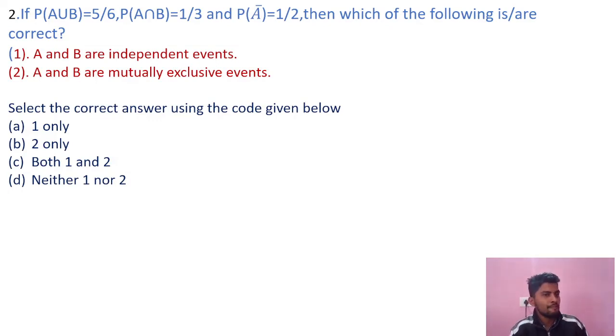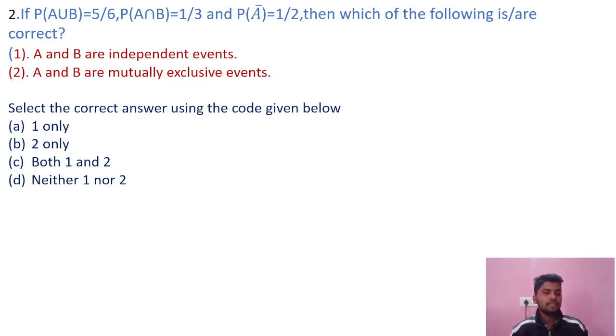Let us move to the next question. If P(A union B) is equal to 5 by 6, P(A intersection B) is 1 upon 3 and P(A complementary) is 1 by 2, then which of the following is or are correct? 1. A and B are independent events. 2. A and B are mutually exclusive events. Select the correct answers using the code given below.